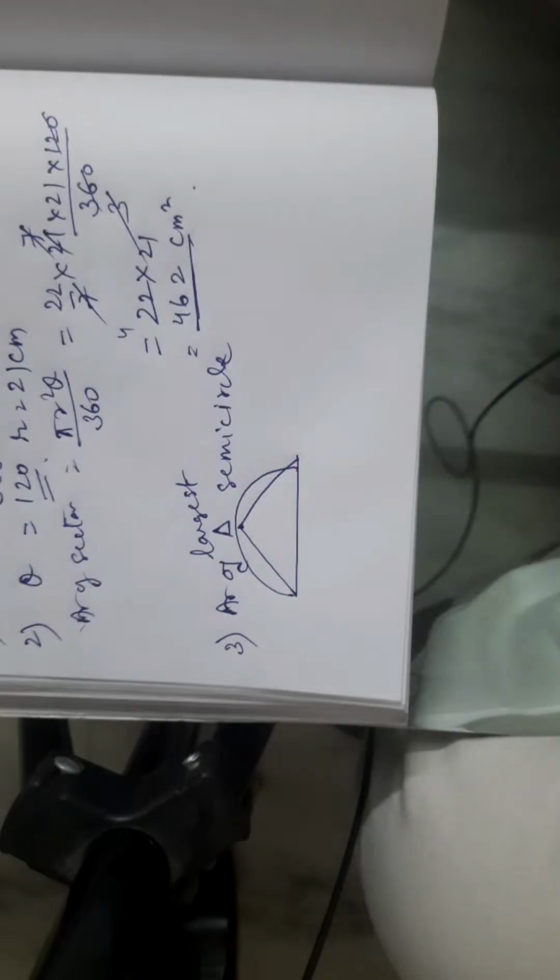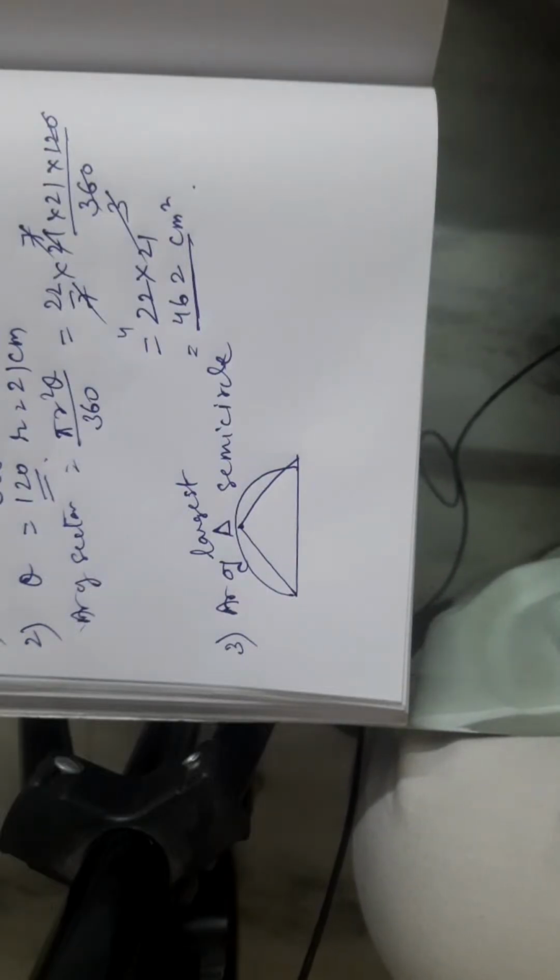So here we need to find the area of the triangle which is inscribed in the semicircle. So let's calculate it. Already values are given to you.